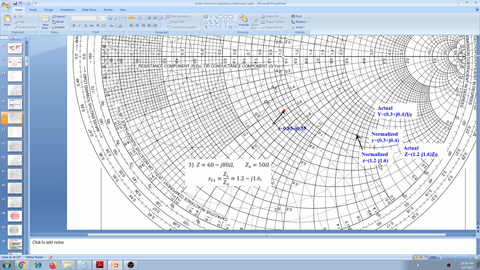But on the Smith chart you should mark only normalized values, and whatever we get is also normalized. So this is the way of finding admittance from the Smith chart, the ZY chart. I think that's enough about how to find the equivalent admittance on the Smith chart. Next, we will consider the next topic.